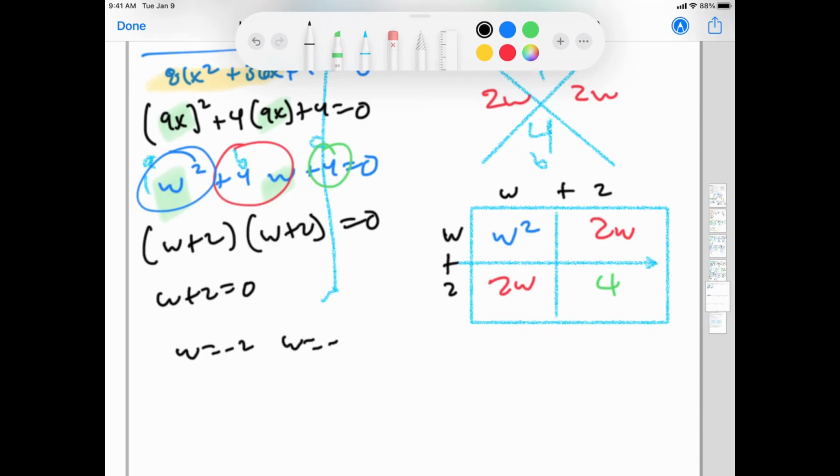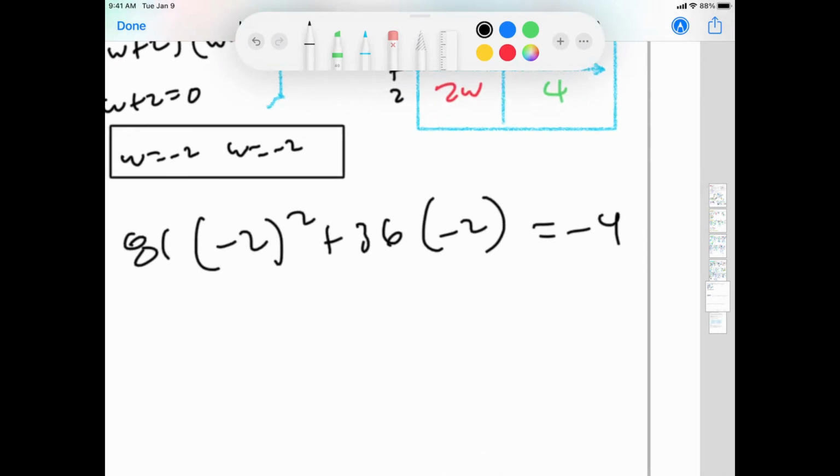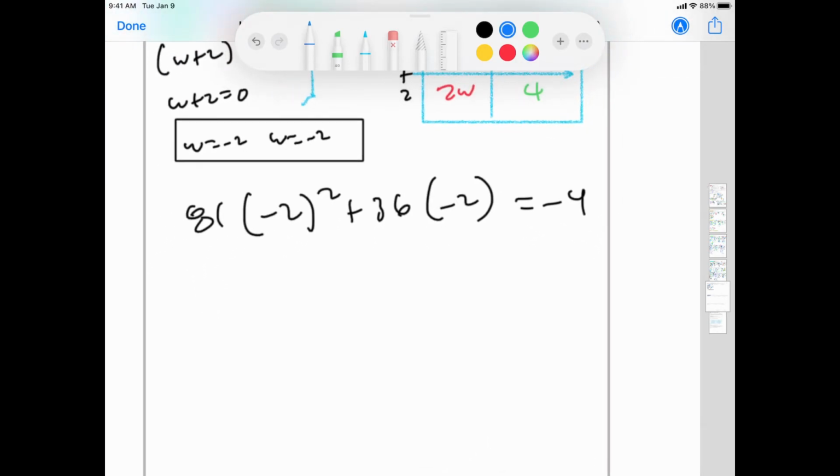You could do something like that. That kind of looks weird, but you have 2 of them, right? Oh no, we haven't been checking our answers. 81 times 4, which is 324.